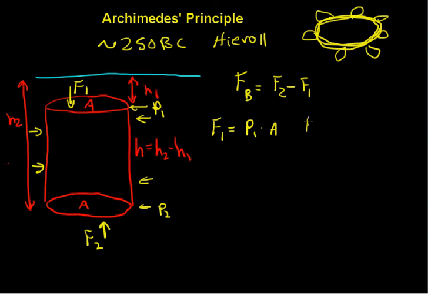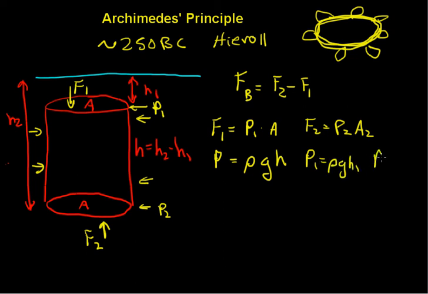Right, and so F2 is equal to P2 times A. And now remember the pressure at a depth in the fluid is P equals rho times g times h. We saw that earlier. And so I can say, look, P1 is equal to rho g h1, and P2 is equal to rho g h2, right?